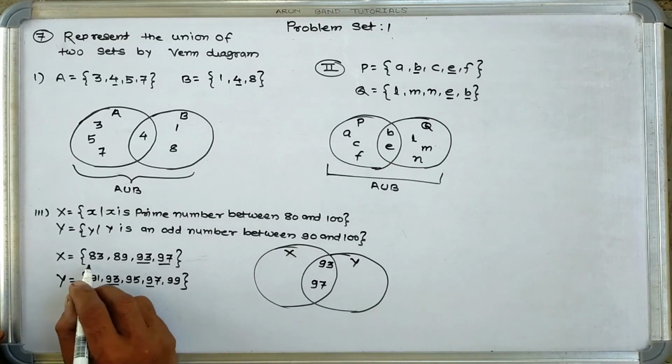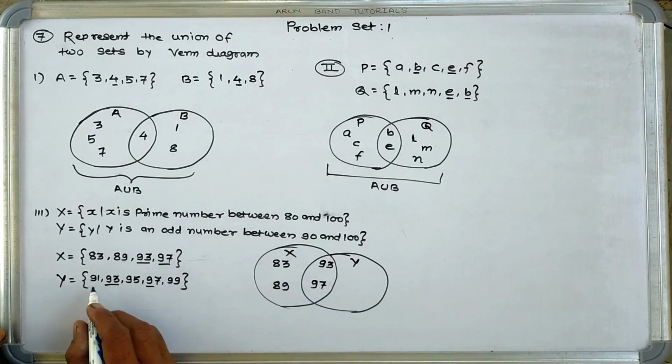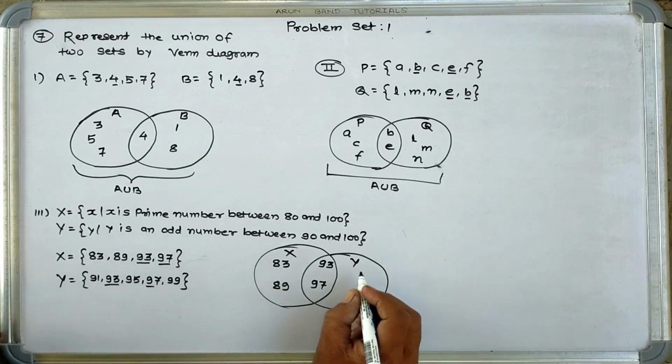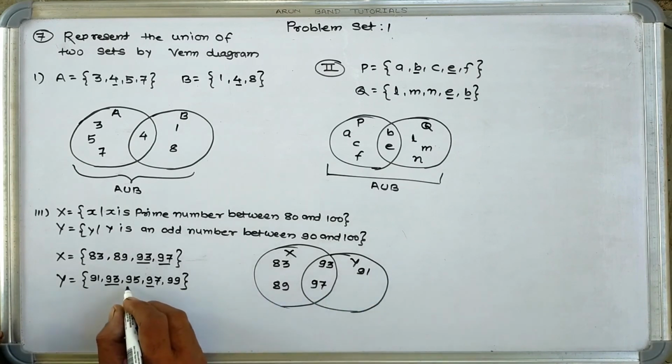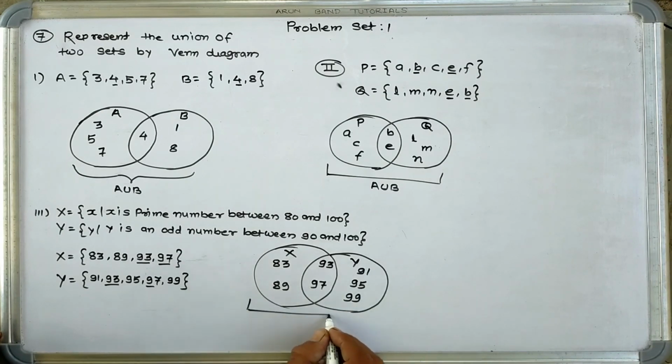Again write remaining elements 83, 89 here. Again remaining elements of Y, 91, 95, 99. And this is our X union Y.